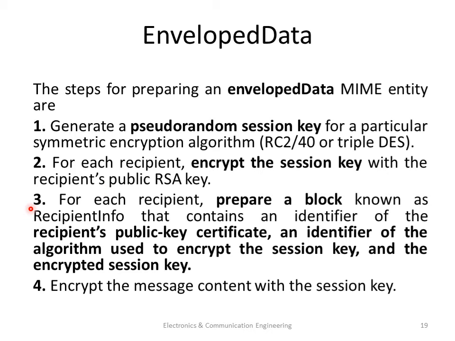Third, for each recipient, prepare a block known as the RecipientInfo that contains an identifier of the recipient's public key certificate, an identifier of the algorithm used to encrypt the session key, and the encrypted session key. And the fourth is to encrypt the message content with the session key. So these are the steps for preparing the enveloped data MIME entity.